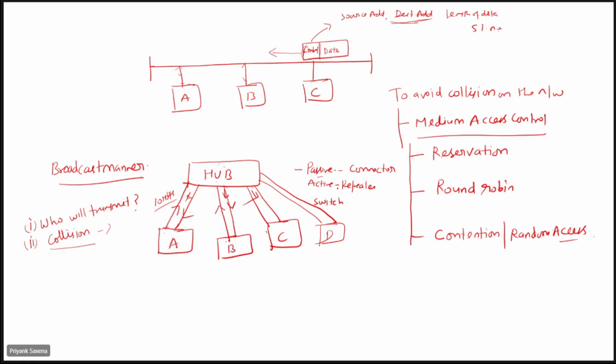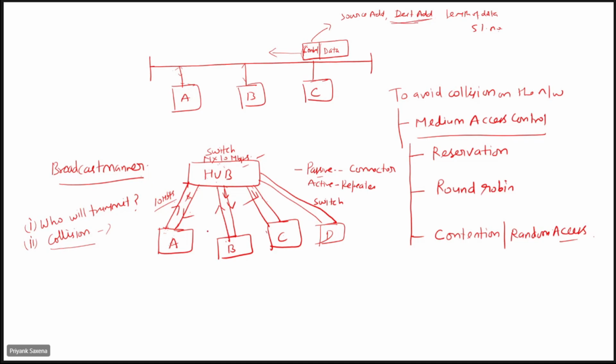By replacing this repeater, this active hub, by a switch. If we replace it with a switch, the throughput will increase to n times 10 Mbps. If n stations can have access, because the switch will only activate that particular link.